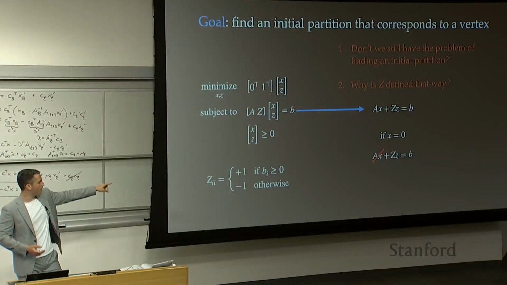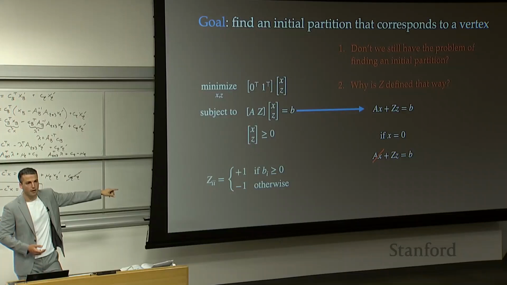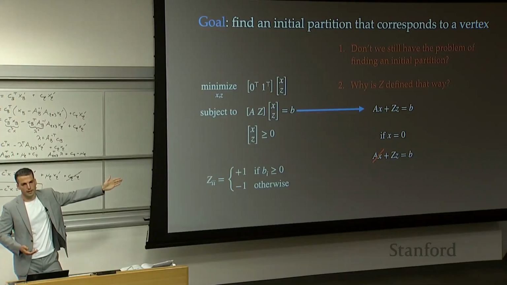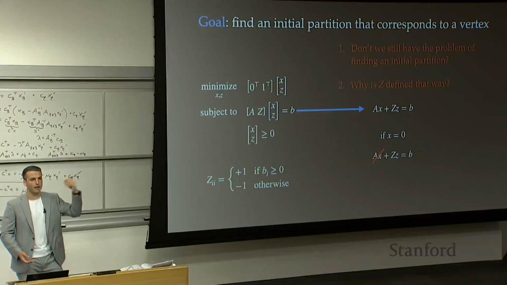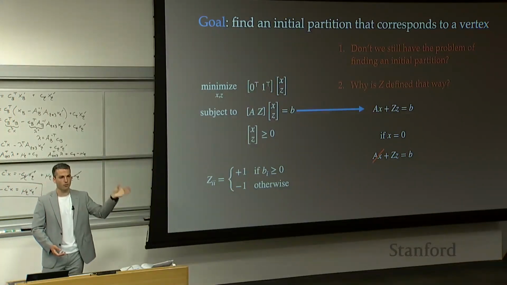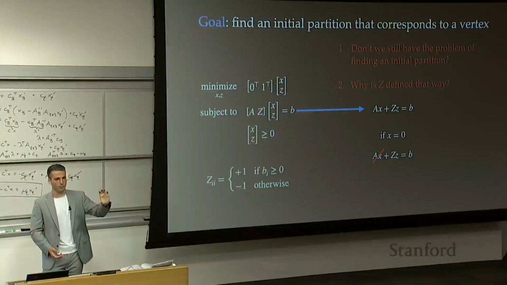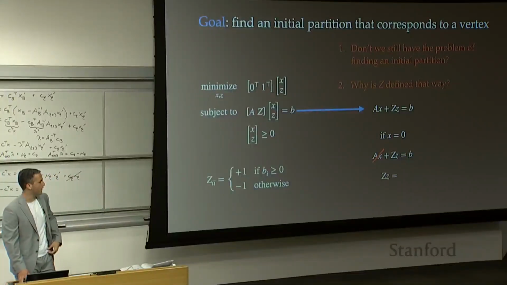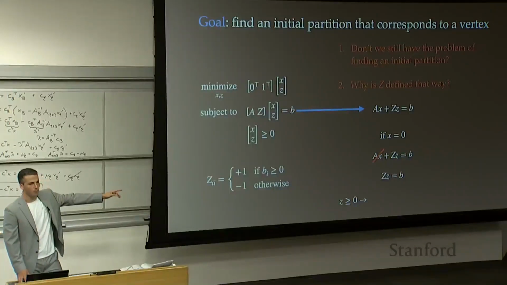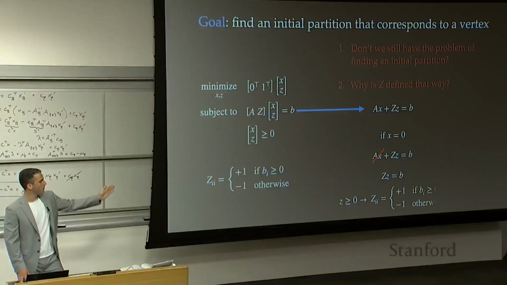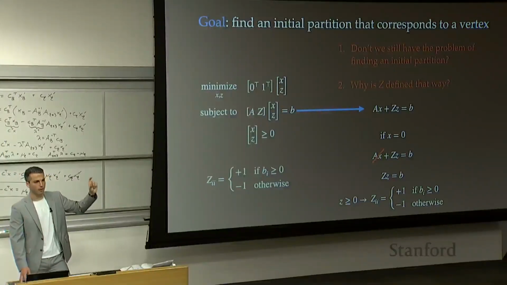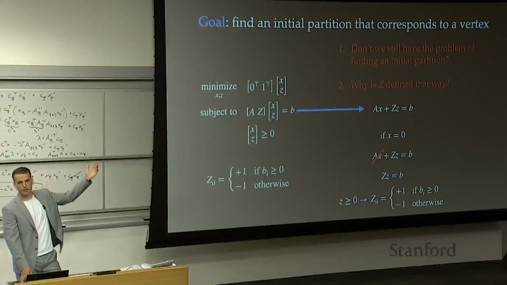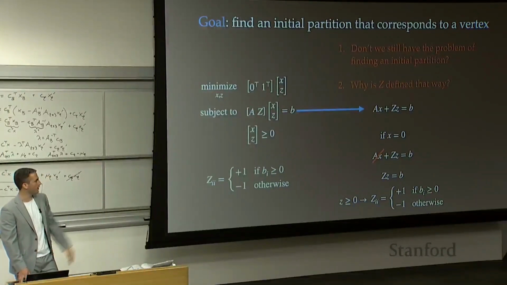So if we don't have this Z matrix with the negative sign, then we could end up with a case where we can't satisfy this constraint. That's why we're bringing in this Z matrix, to give us that additional degree of freedom in controlling the sign of the z variables. It allows us to satisfy Zz equal to b. It comes from the fact that we require z to be greater than or equal to 0, so we're introducing this sign degree of freedom. So that's answering the second question, why is Z defined like that?